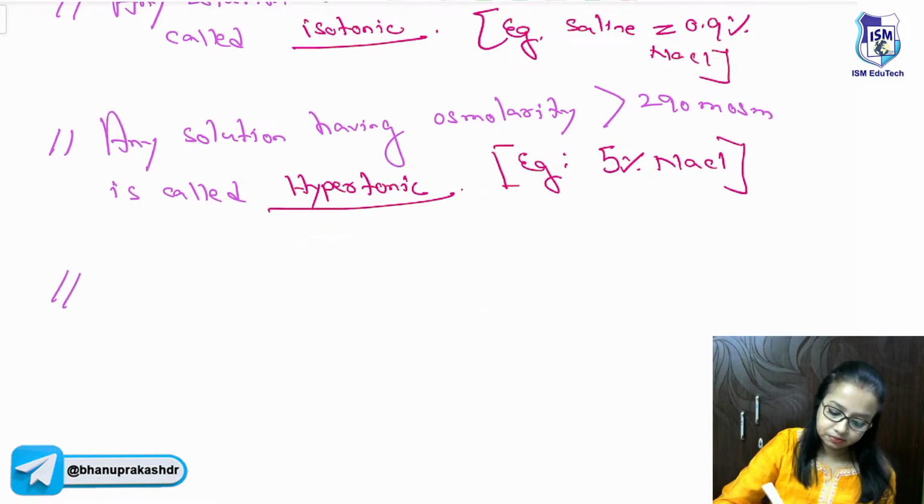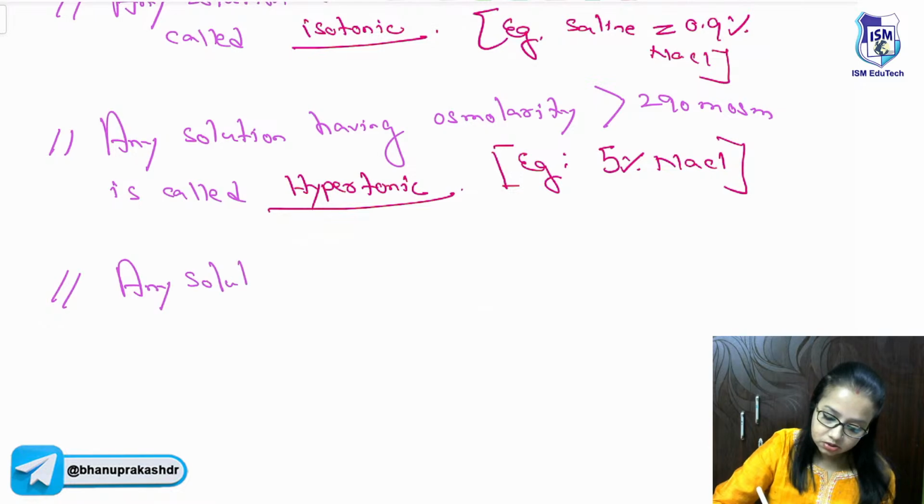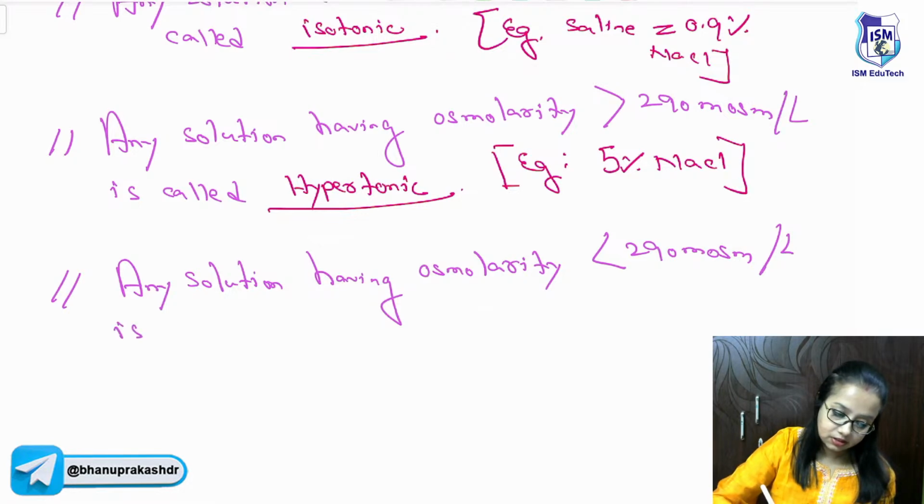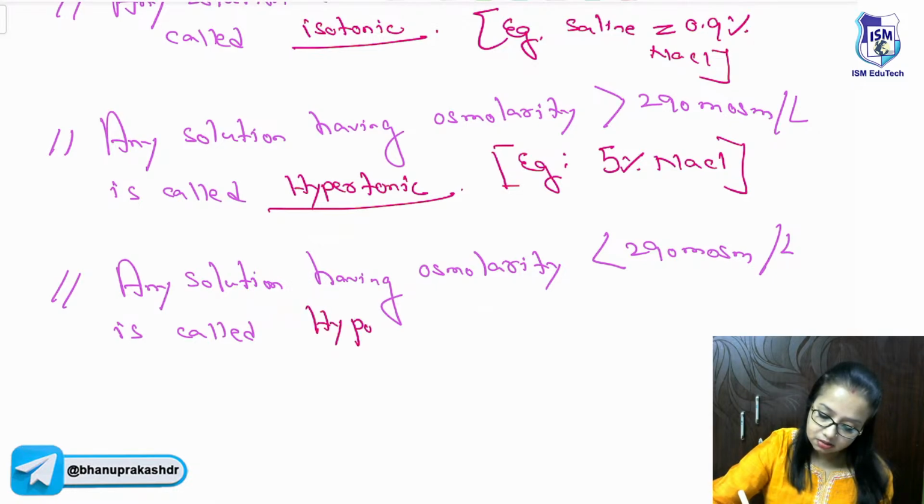Same way, any solution having osmolarity lesser than 290 milliosmol per liter is called hypotonic.